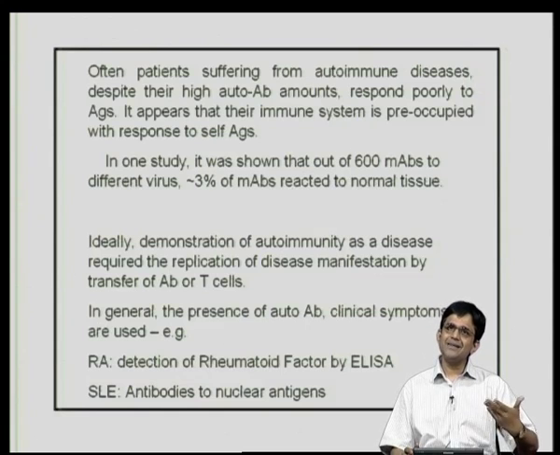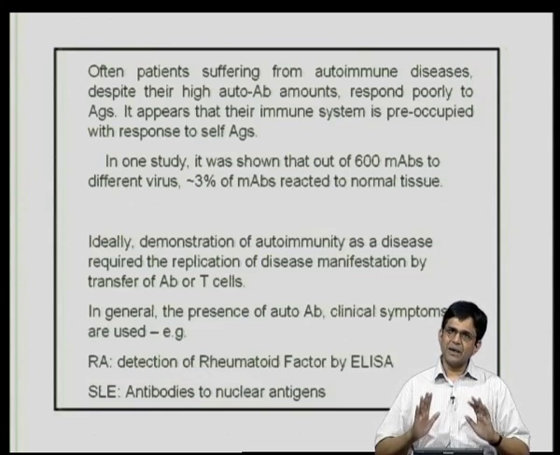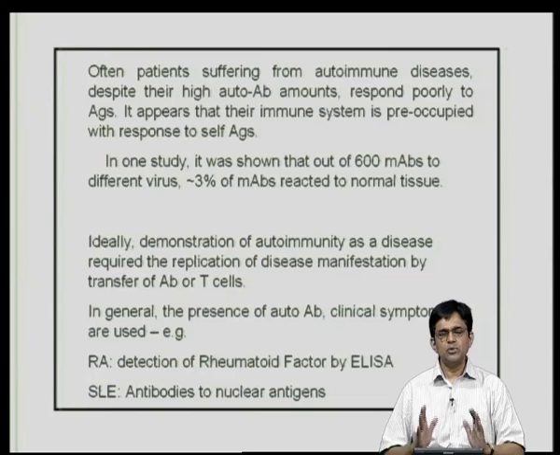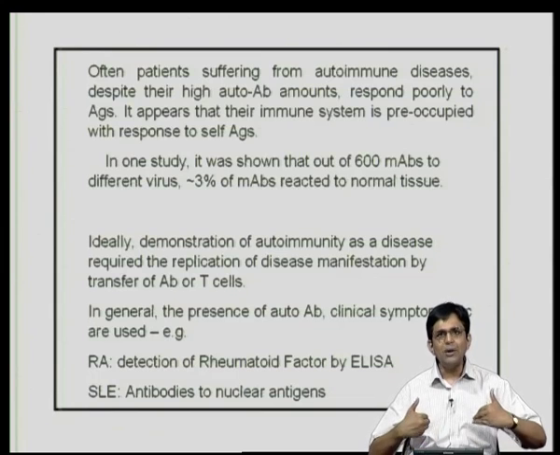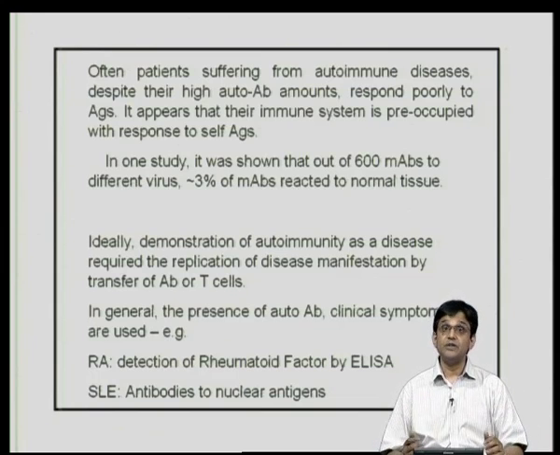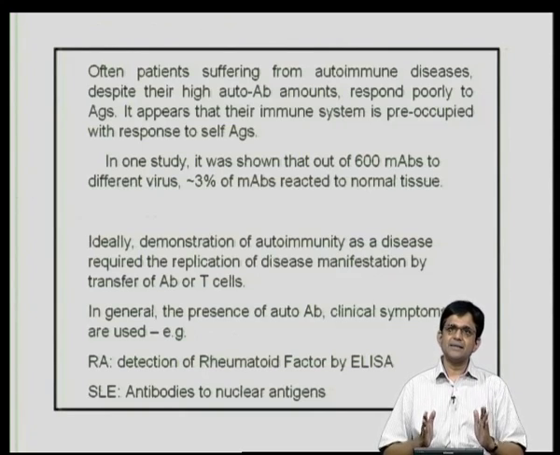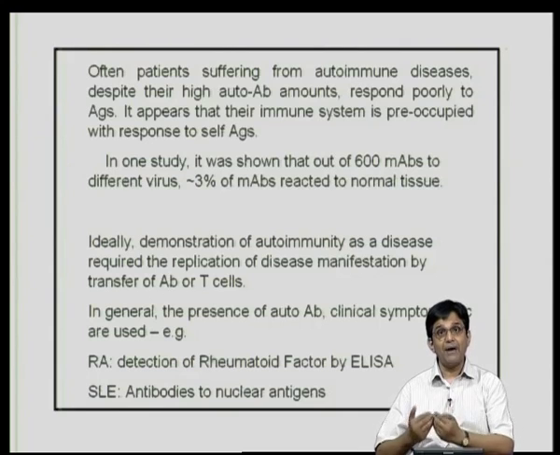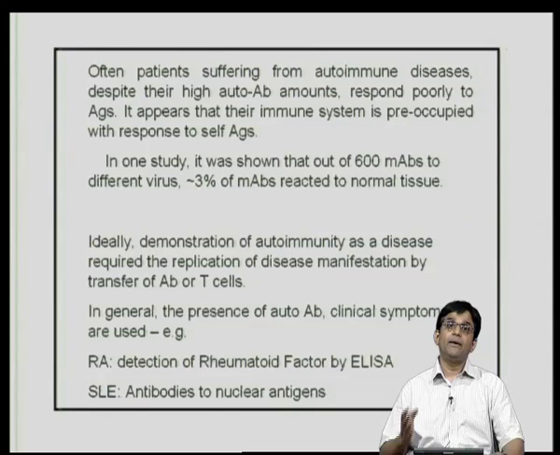So, it tells you that this occurs, but as I said, there are mechanisms in place by which the host manages to keep these autoreactive immune cells in check, and so they do not actually manifest themselves as disease. It is only in rare cases that the immune system goes a little bit awry and you have a reaction that manifests itself as a disease in patients.